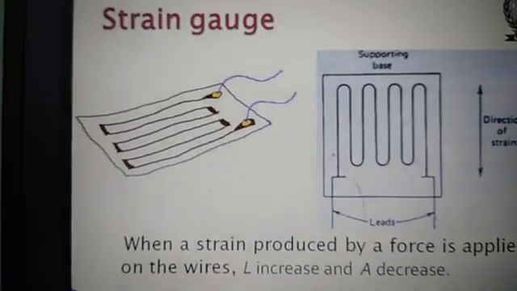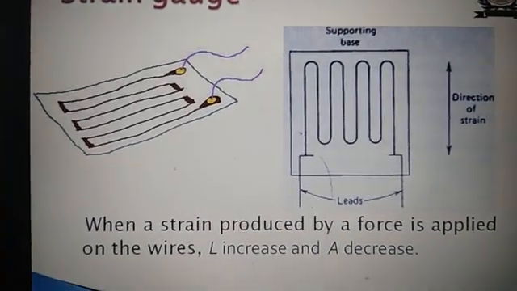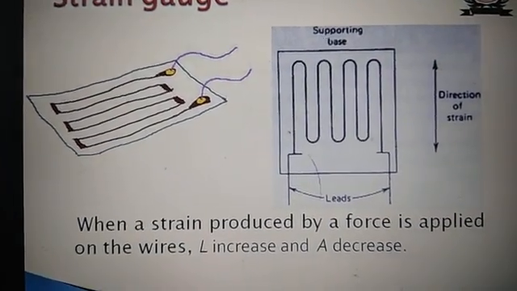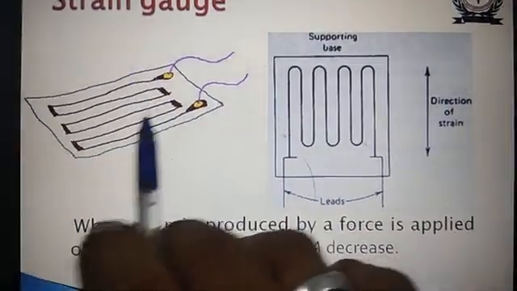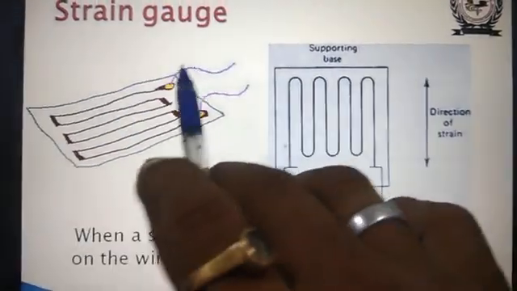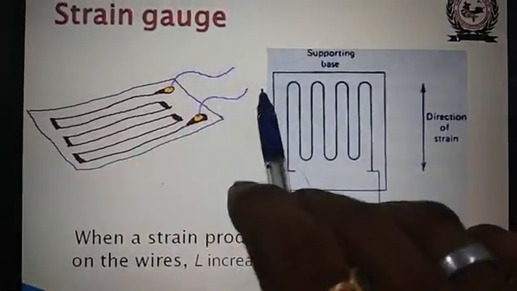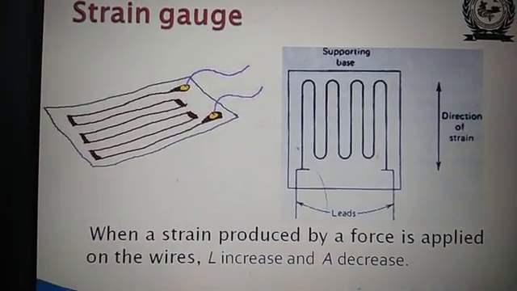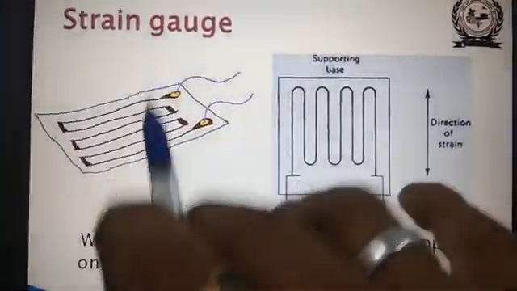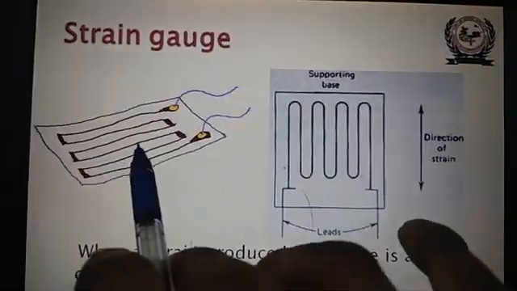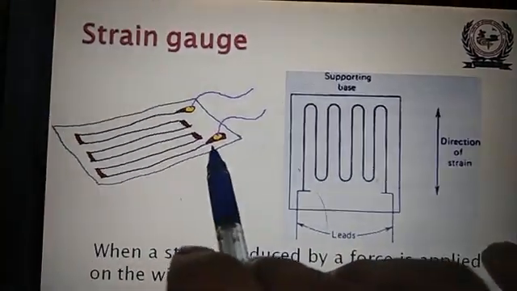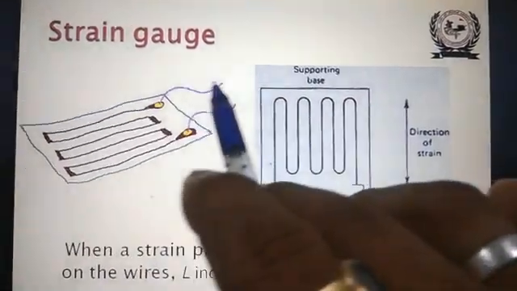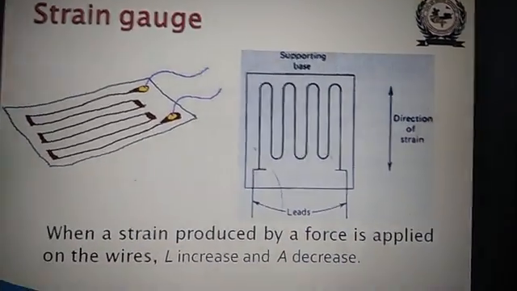This is the diagram for the strain gauges. This is the foil type shape you can see, and these are the two wires where resistance is to be measured. Force is applied on this particular foil, then its length will change and accordingly its resistance will change, and that will be observed in this wire.